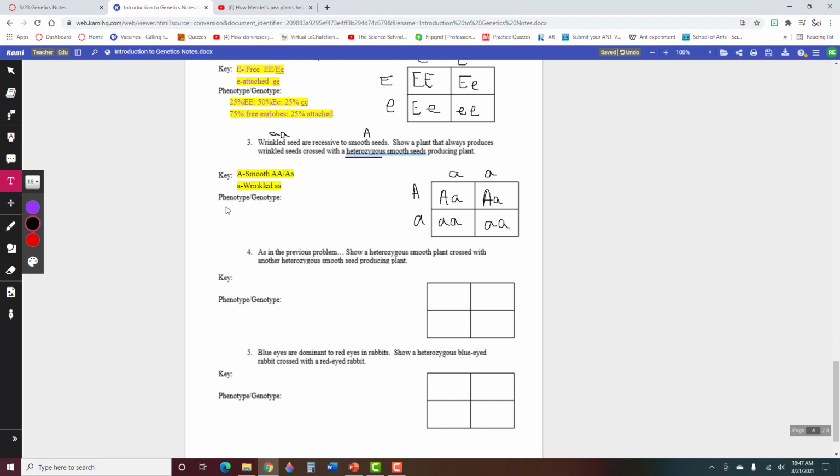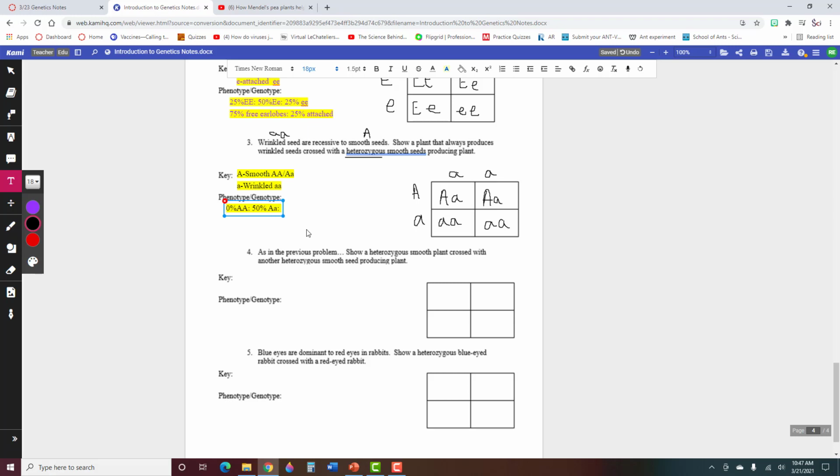Alright, so for phenotype and genotype, start with the dominant, capital. So we got 0% of those. No capitals for the genotype. And then the next one would be the heterozygous, capital lowercase, and we got 2 of those out of 4, so that would be 50%, capital lowercase.